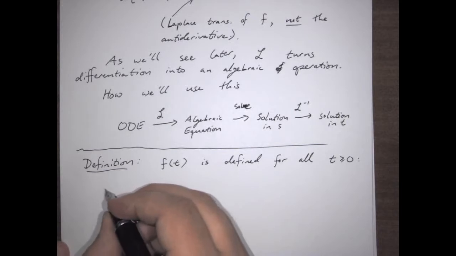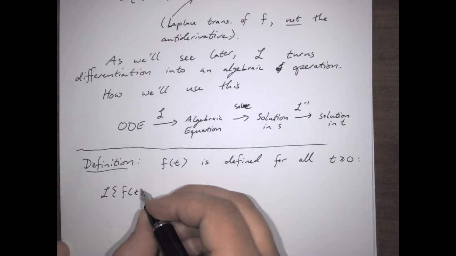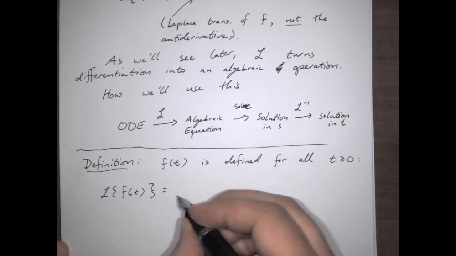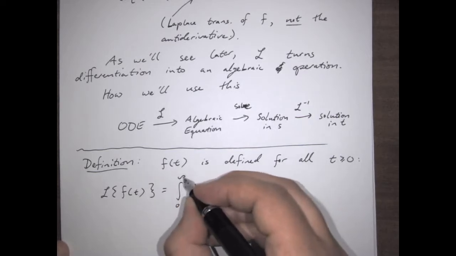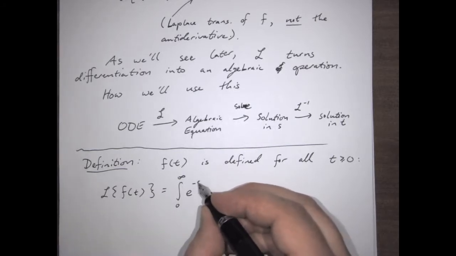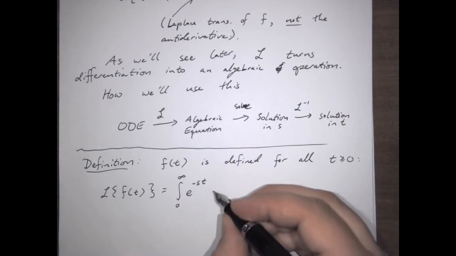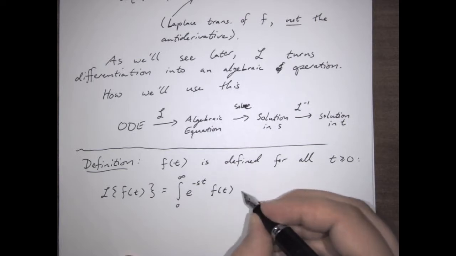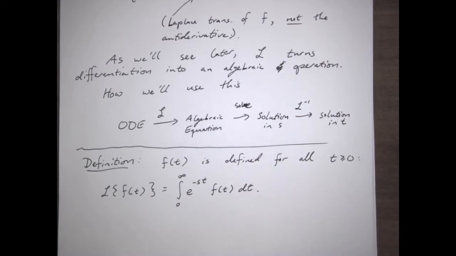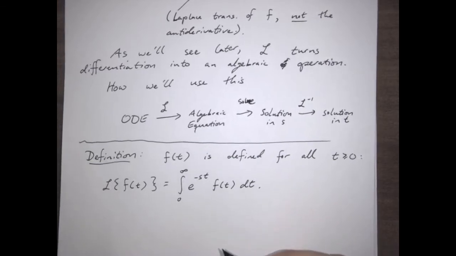Then the Laplace transform of f of t is equal to the integral from 0 to infinity of e to the negative st times f of t dt, where s is a new variable being introduced here. Doing this integration will take t completely out of it, and all that will be left is something involving an s.